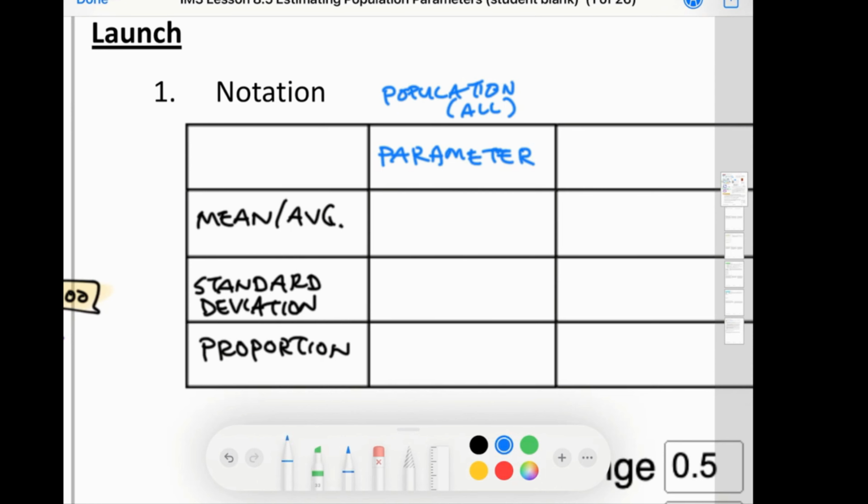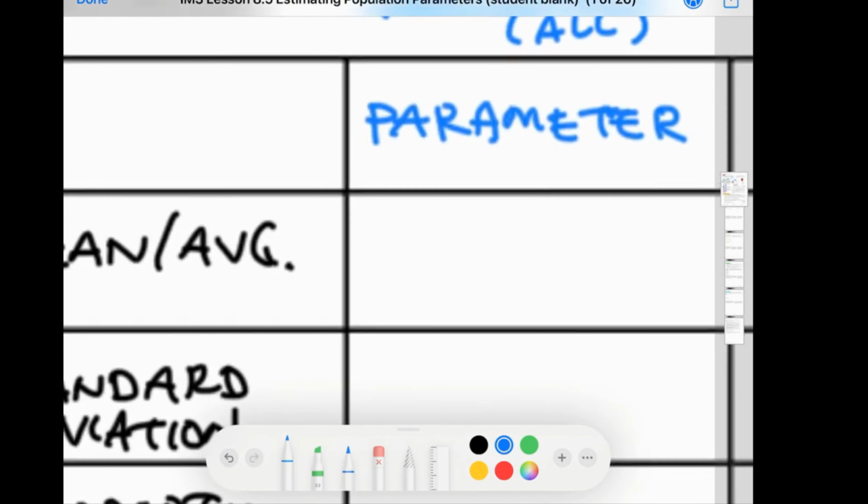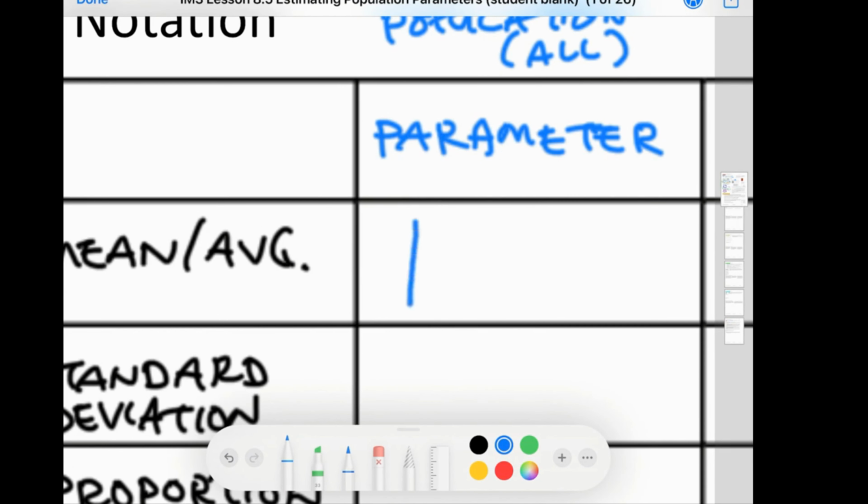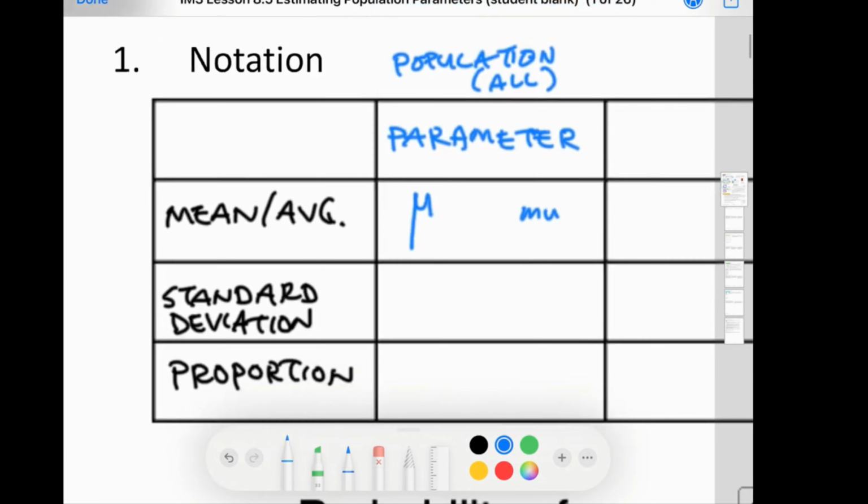The symbol or notation for the parameter for the mean is like a weird U: a long line, and then you draw your U. Notice how that line does not go all the way down. It is a Greek letter, and they call it mu.